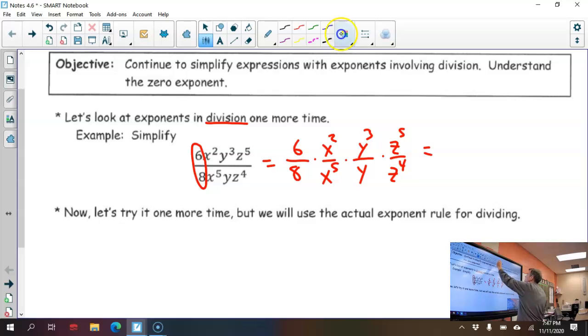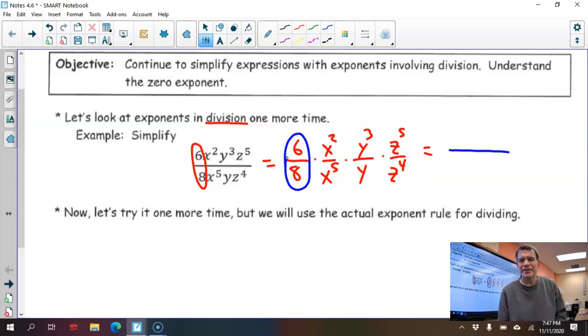So over here, let me set up my answer blank. All right, so I start with the 6/8, right? 6 over 8 can be reduced. If you can't do it mentally, you can do it on your calculator. 6 over 8 reduces to 3/4. So far, I have 3 over 4.